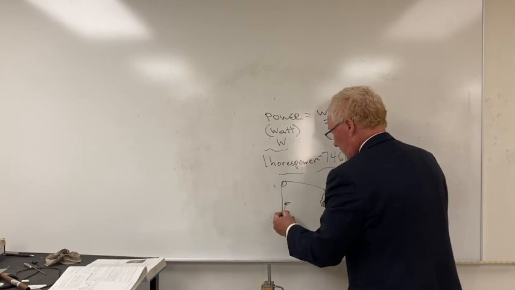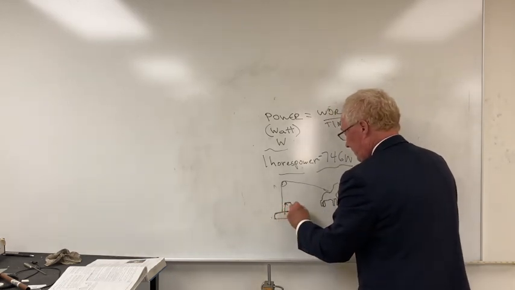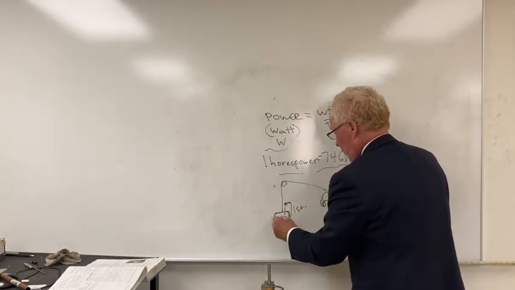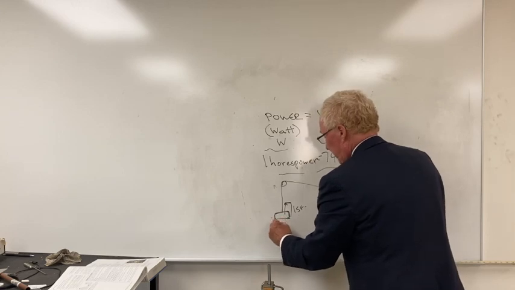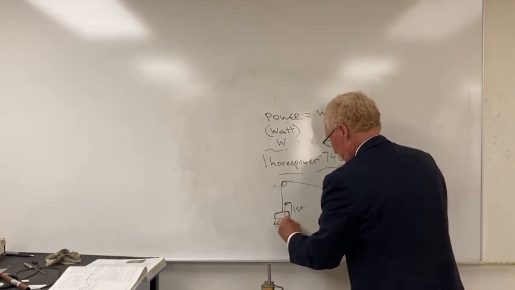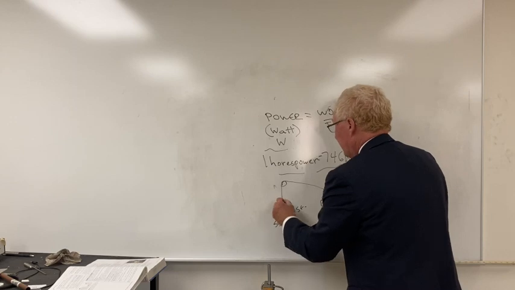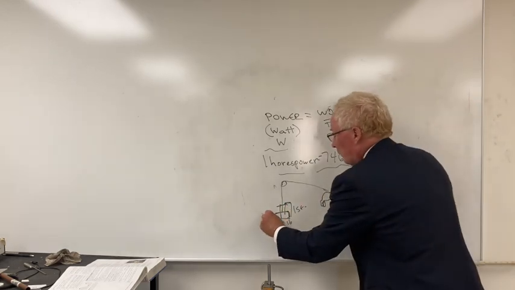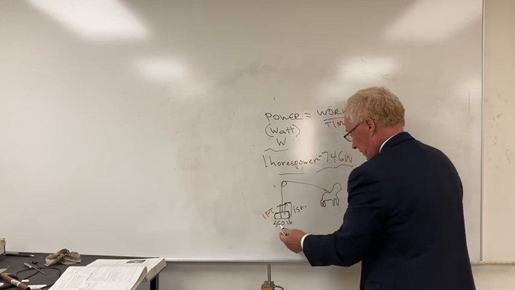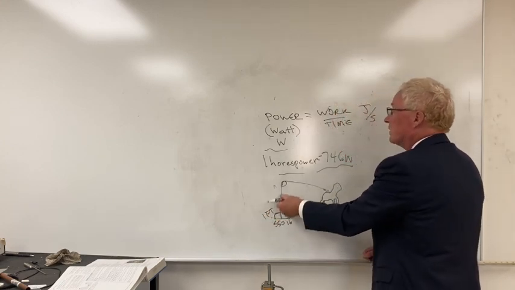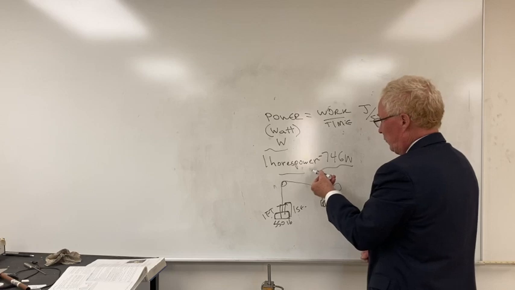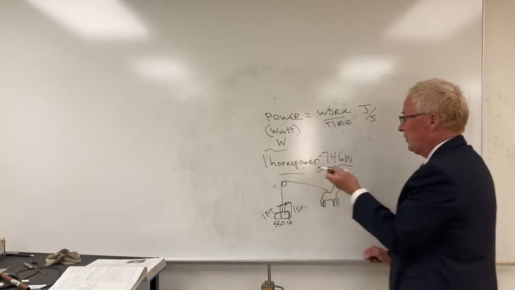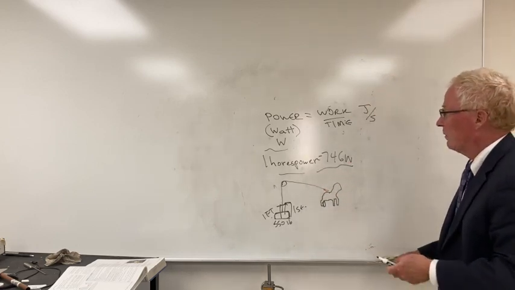In 1 second, this horse could lift 550 pounds 1 foot. So 1 foot, 1 second, 550 pounds is equivalent to 746 watts.